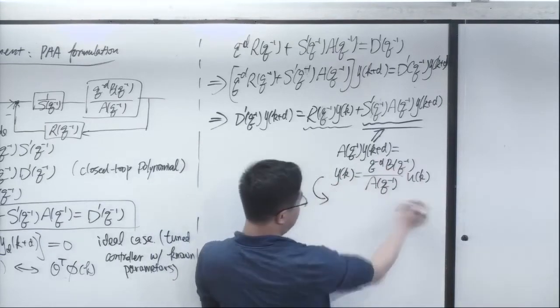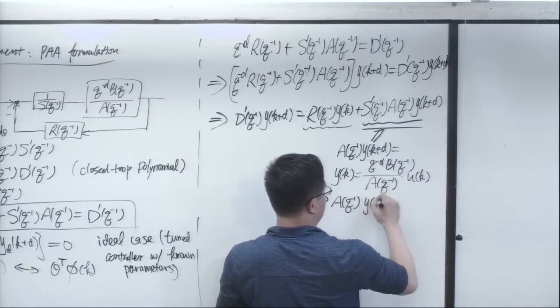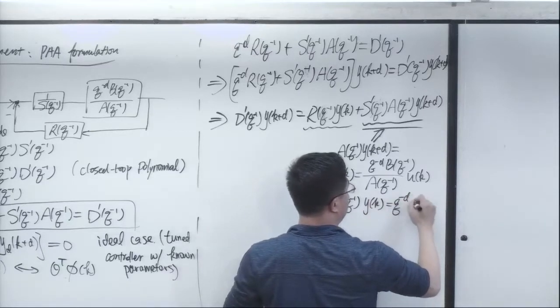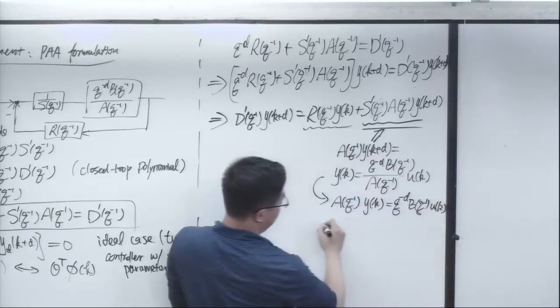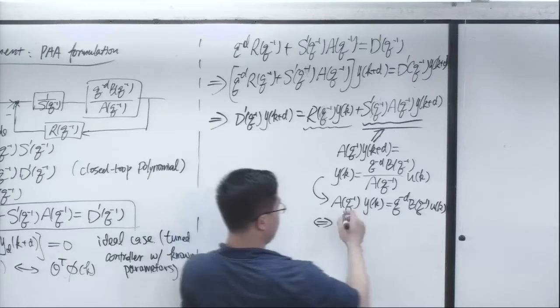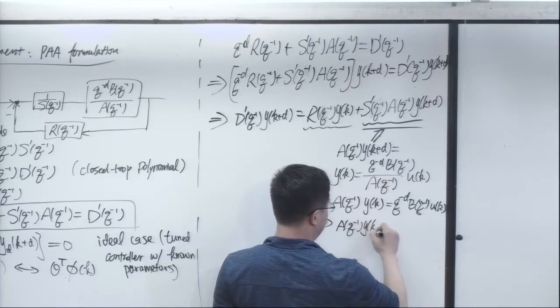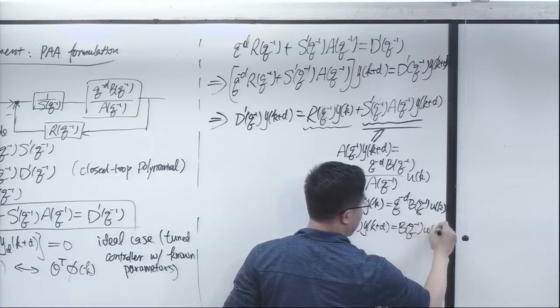So what this is really saying is AQ YK equals Q negative D B UK. Or in other words, put this delay operator to the left, it becomes AQ inverse YK plus D equals BQ UK.